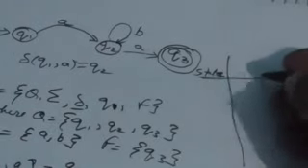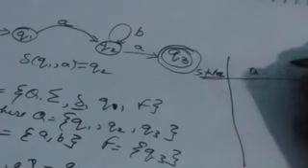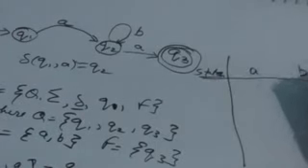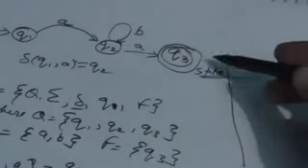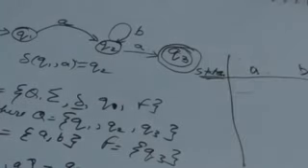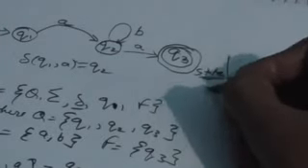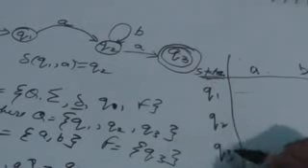There are only two input symbols, so there will be only two columns. Here the rows are labeled by state: Q1, Q2 and Q3. Q3 is the final state, so encircle it. Q1 is the initial state, so put an arrow before it.